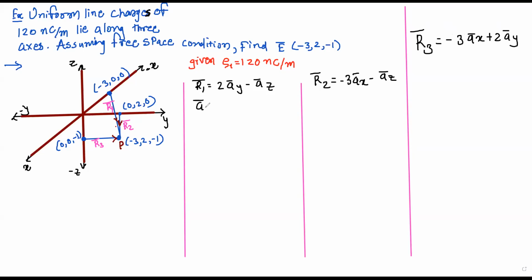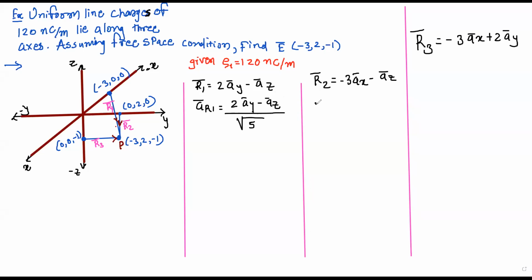So a bar R1 is equal to 2 a bar y minus a bar z divided by, can someone tell me, under root 2 square plus 1 square, which is 5, so under root 5.